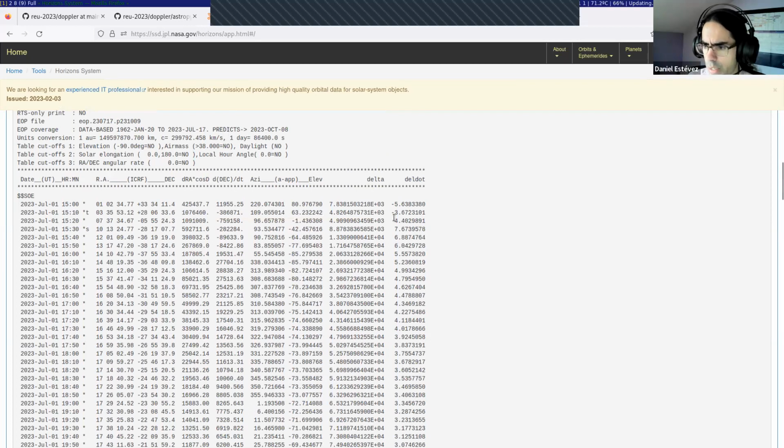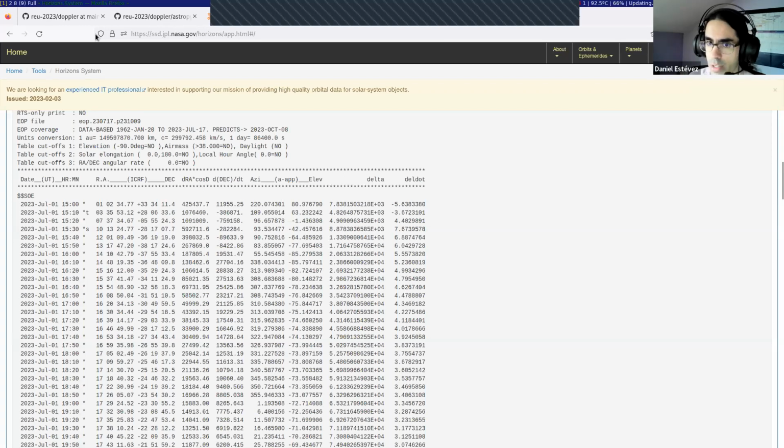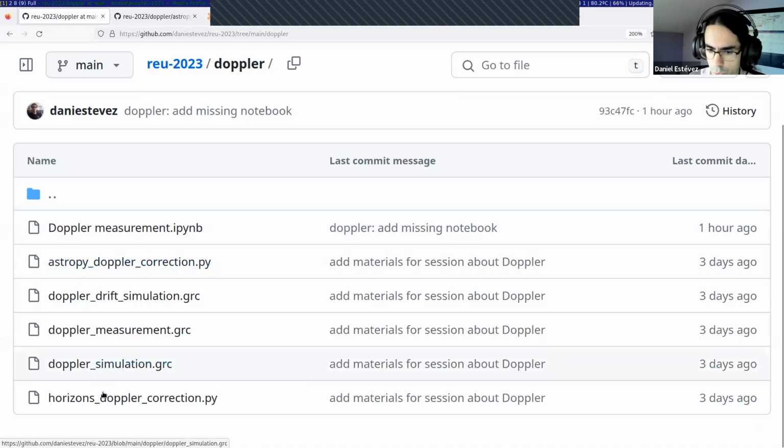This on its own is only partly useful because we want to use these from Python. So luckily there is something called AstroQuery, which is a Python library that can be used to query different online databases. One of them is Horizons, but there are also others.